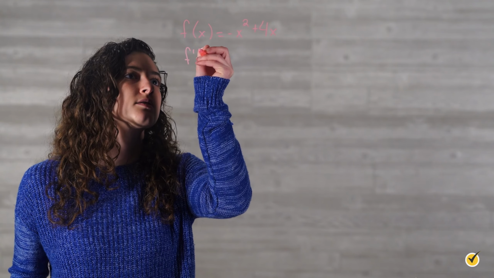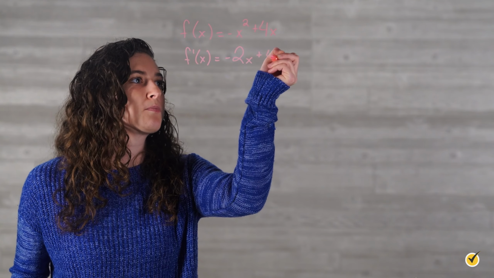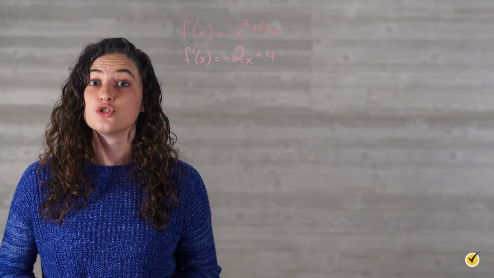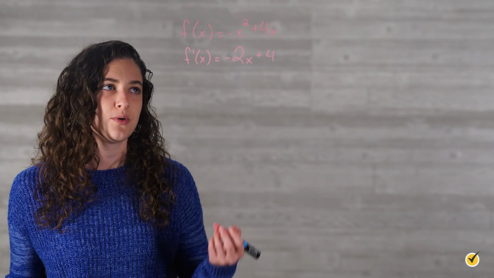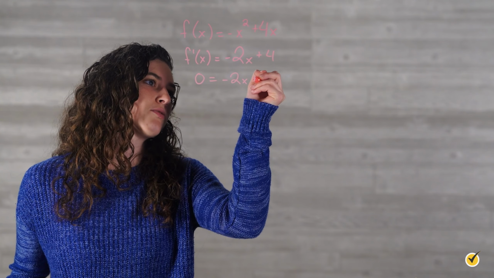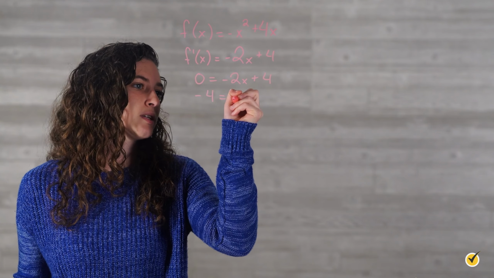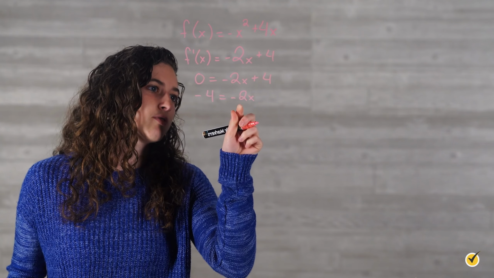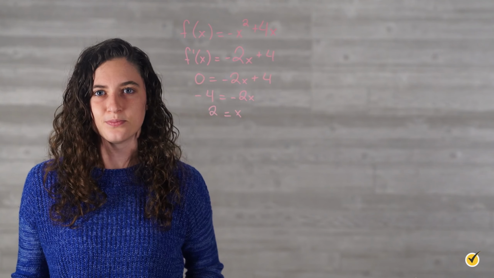So f prime of x will be equal to negative 2x plus 4. Since there is no point that would make this undefined, we can set f prime to 0 and solve for x. So 0 equals negative 2x plus 4. We can subtract 4 from both sides to get negative 4 is equal to negative 2x, and then we'll divide by negative 2 on both sides to get x is equal to 2.